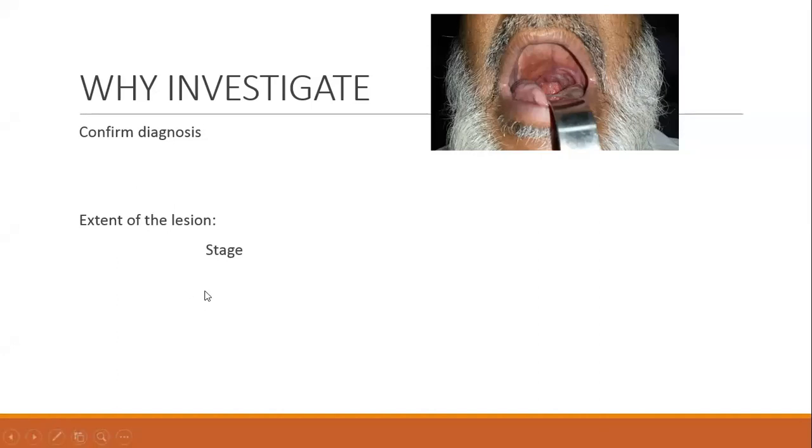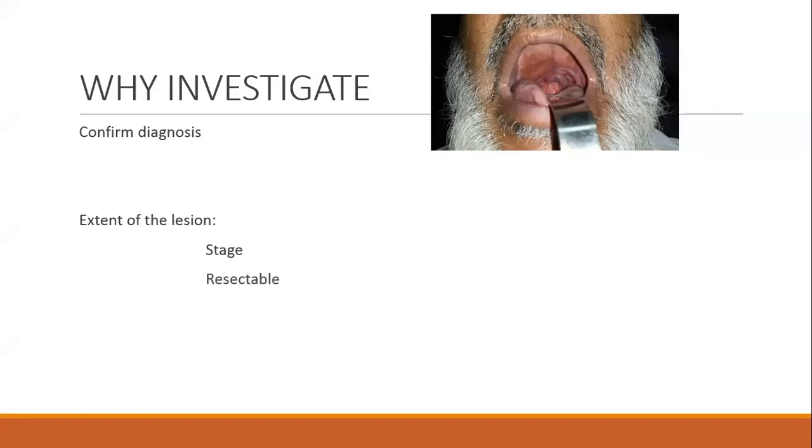So you stage the tumor, and also the advantage of staging the tumor is that you know whether this patient, in addition to surgery, will require radiotherapy or chemotherapy after surgery. Remember, in oral cavity, the first line of treatment is surgery. Second line of treatment after surgery is radiation plus minus chemotherapy.